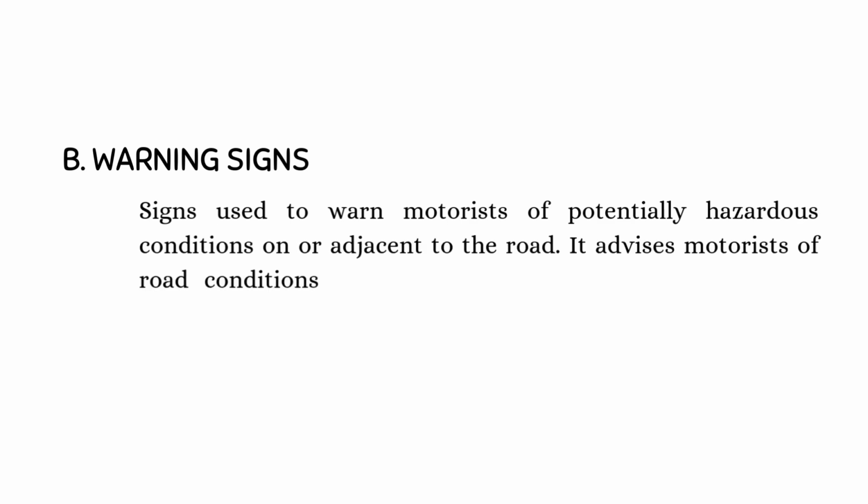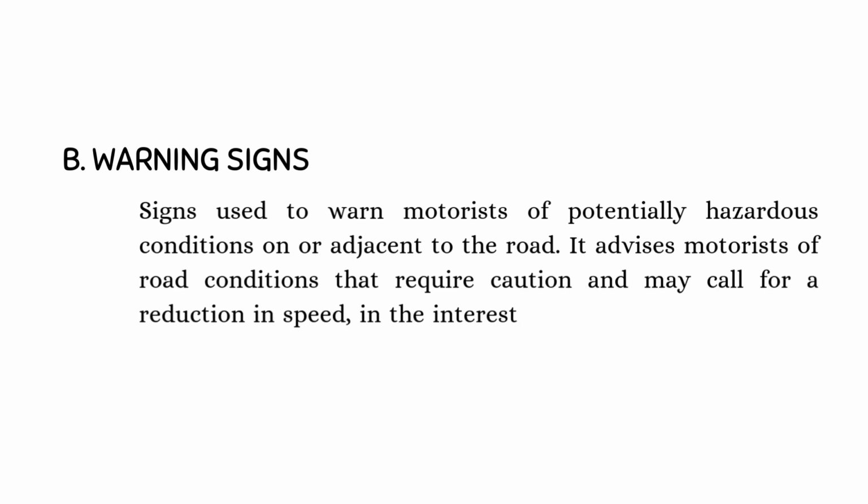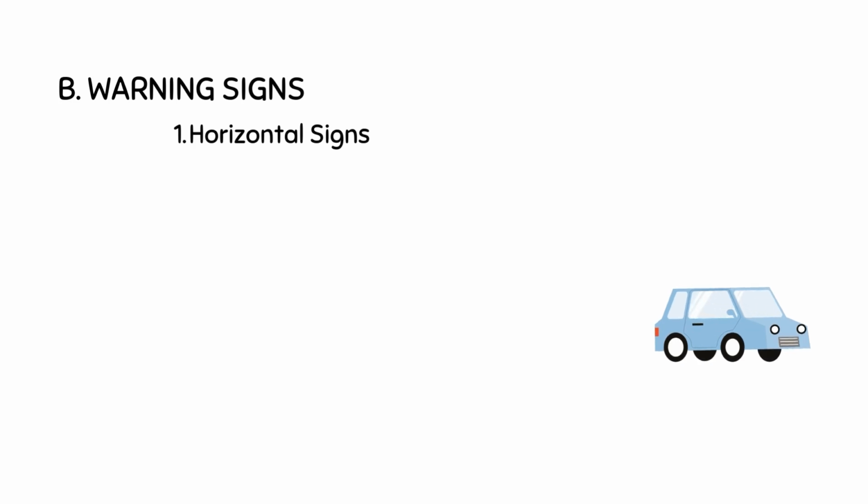B. Warning signs. Signs used to warn motorists of potentially hazardous conditions on or adjacent to the road. It advises motorists of road conditions that require caution and may call for a reduction in speed, in the interest of safety and that of other road users. The following are warning signs. 1. Horizontal signs. 2.